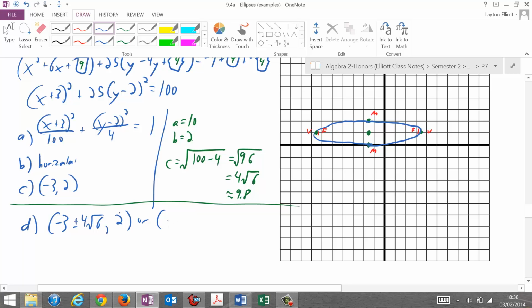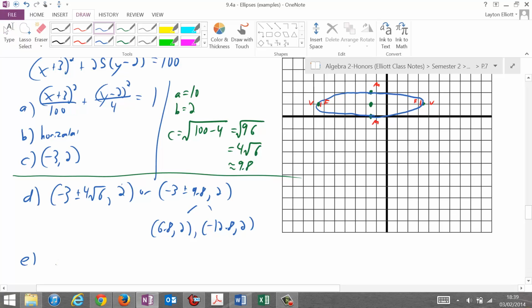Or, then I'm going to do negative 3 plus or minus 9.8, comma 2, which leads me to the 2 points of 6.82 and negative 12.82. Length of the major axis is 20, and minor axis, sorry, is 4.